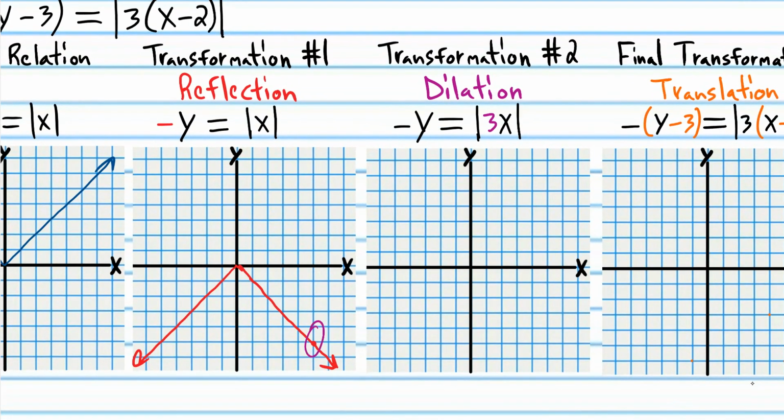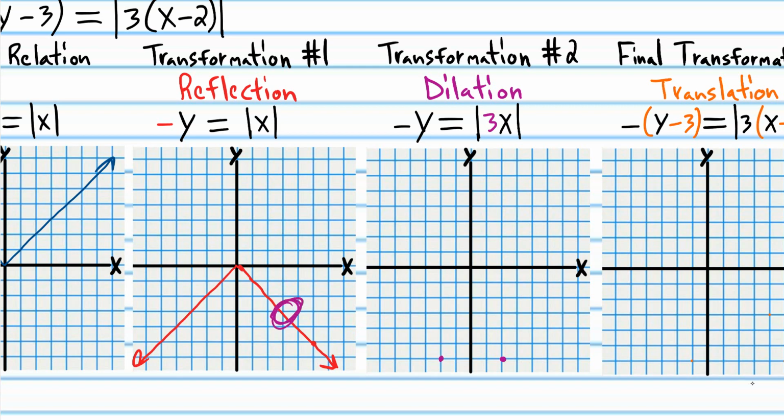So this point here, we can use this point down here. That point has an x value of 6. So divide by 3, we get 2. So this point here moved there, and the same thing on the other side.